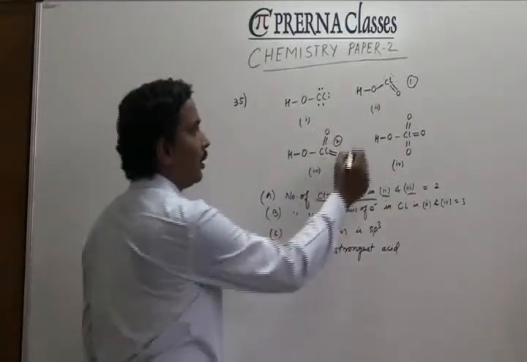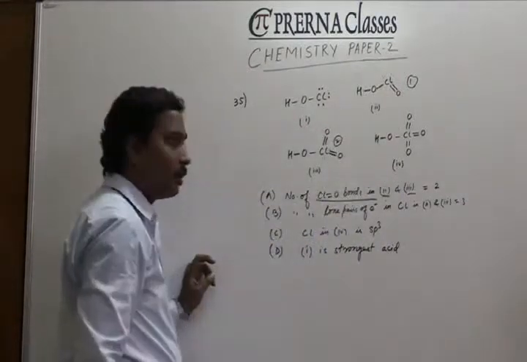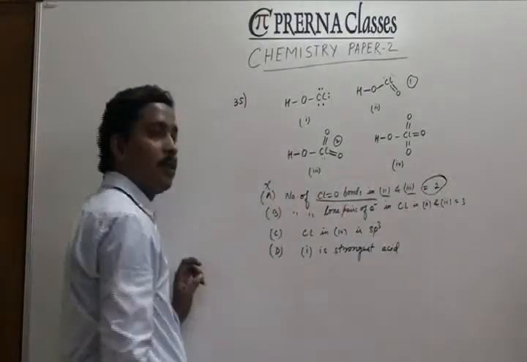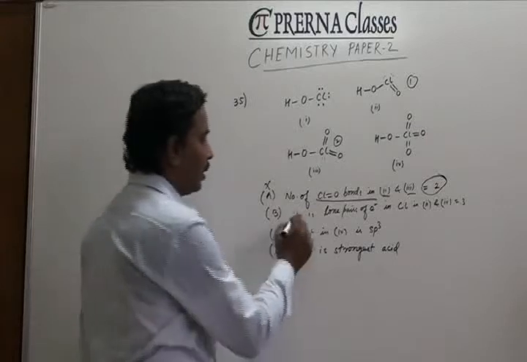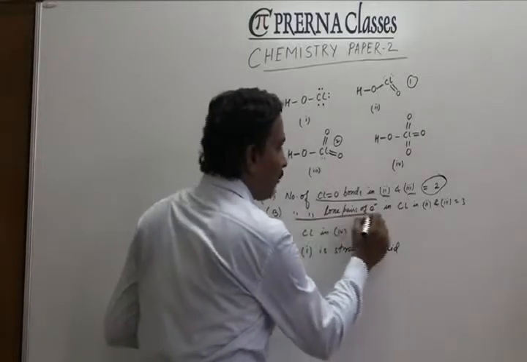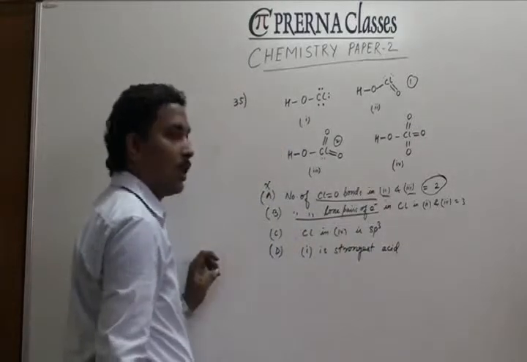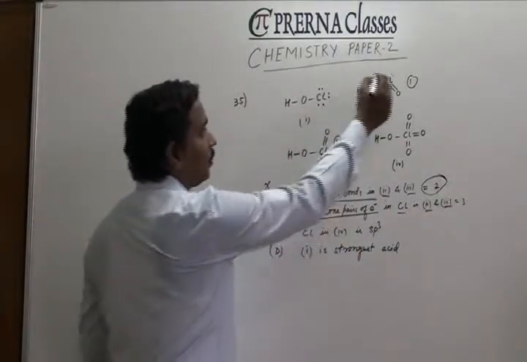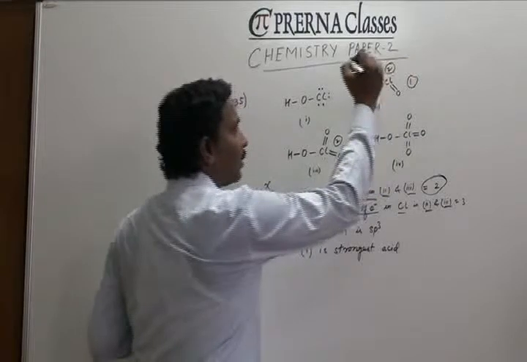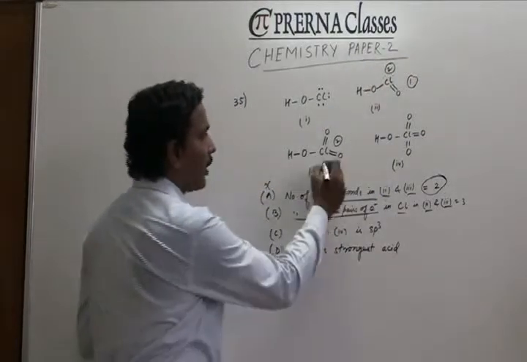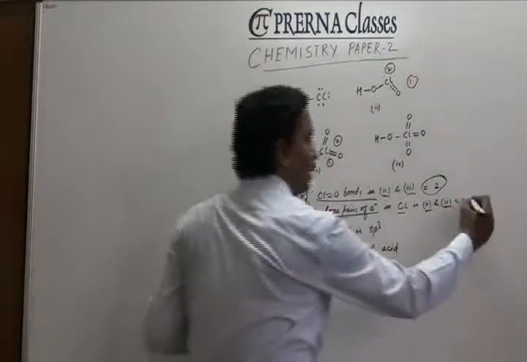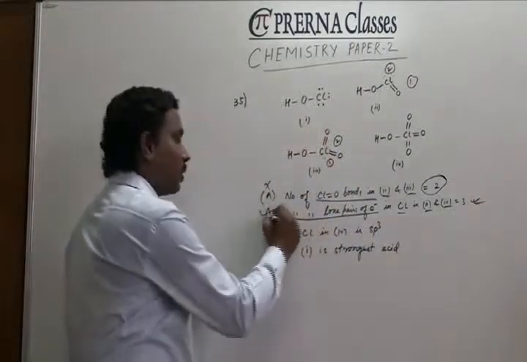So total is 1 and 2, that is 3 Cl=O bonds, but it is given 2. Therefore this is an incorrect answer. The next one, we have to find the number of lone pairs of electrons on the Cl atom in 2 and 3. In 2 it has 2 lone pairs, in 3 it has 1 lone pair. Therefore total lone pairs are 3 and it is given 3, therefore this is the correct answer.